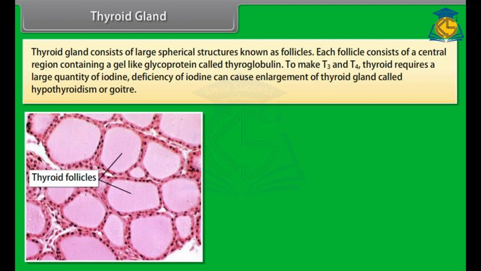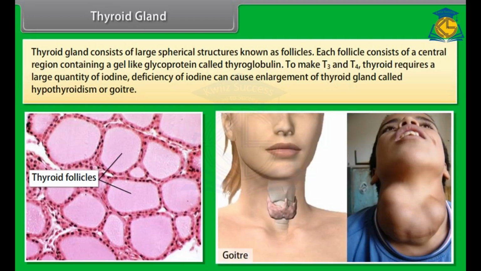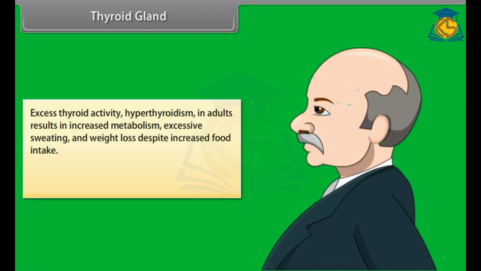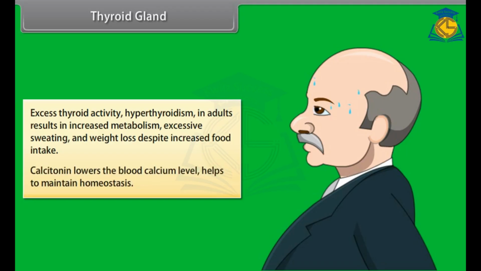Deficiency of iodine can cause enlargement of thyroid gland called hypothyroidism or goiter. Excess thyroid activity, hyperthyroidism, in adults results in increased metabolism, excessive sweating, and weight loss despite increased food intake. Calcitonin lowers the blood calcium level, helps to maintain homeostasis.